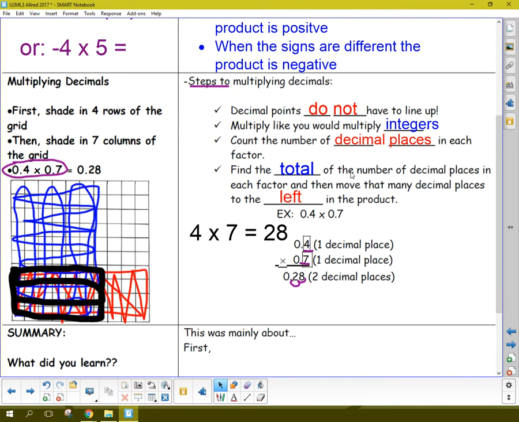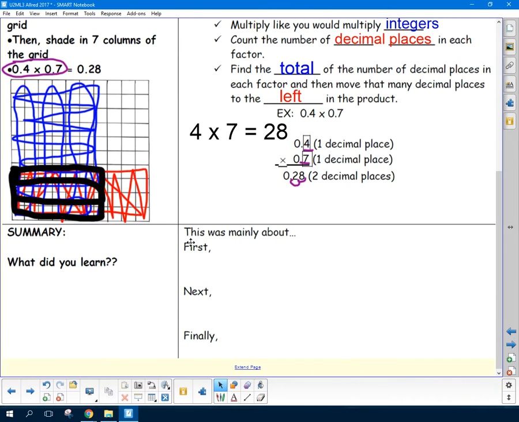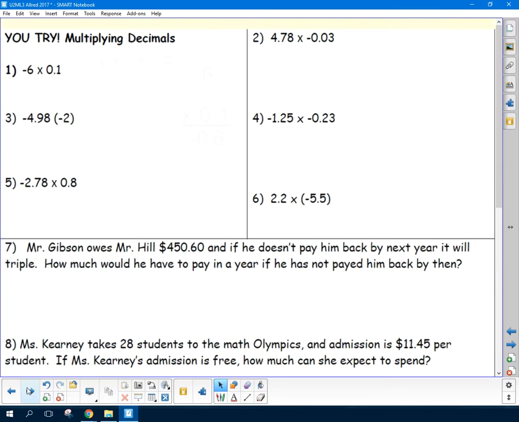You can always do that when you're multiplying decimals. They do not have to line up. You can multiply them just like you would multiply integers, and then you count the total number of decimal places in each factor, find the total number of decimal places, and move that many decimal places to the left in the product. So before you write your summary, let me do one more example for you, okay?